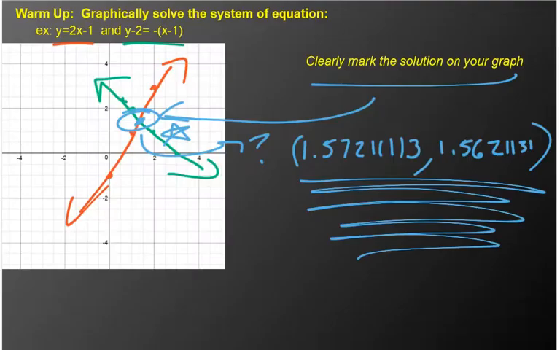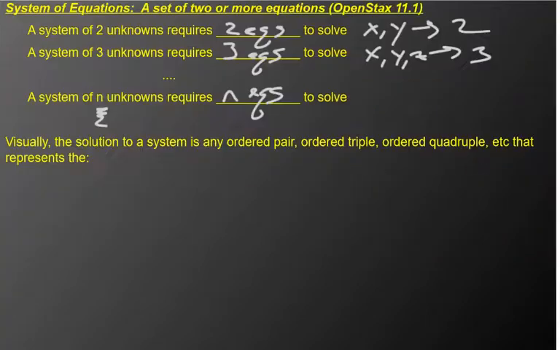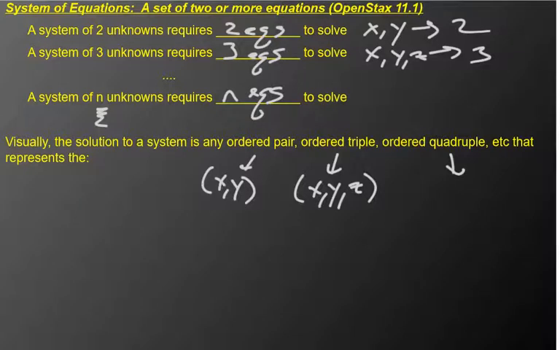Like in the last problem, it could have been this weird point right here. But it's always either an ordered pair, something like x, y, or a triple x, y, z, or it could be w, x, y, z, and so on and so on.